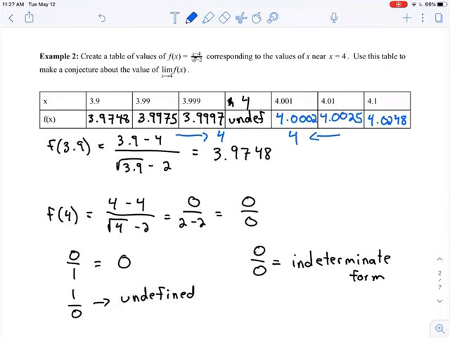Since I approach the same number from both sides, we can now safely say for our answer that the limit as x approaches 4 of f of x is equal to, well, what y value were we approaching on both sides? It would be 4 here in this case.